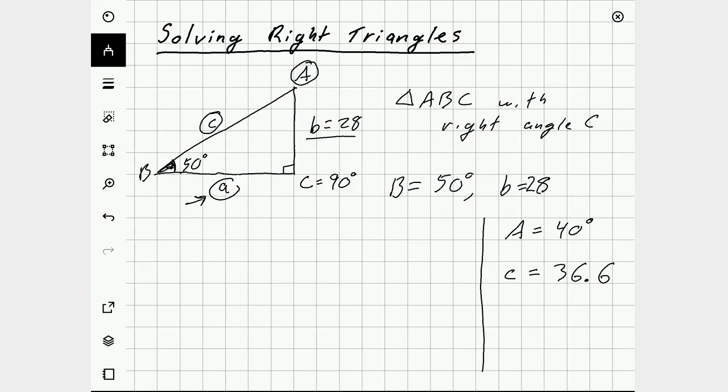Because when I calculated this value of c, I rounded. And because I rounded, that rounding introduces an error in the value. It's not a lot of an error, but it is some error. And so if I use that value to calculate a, the error will propagate.